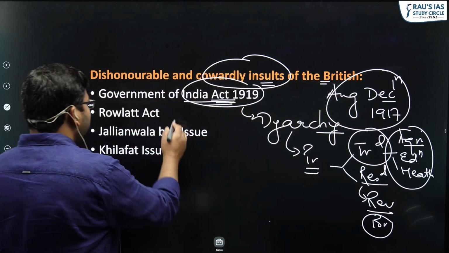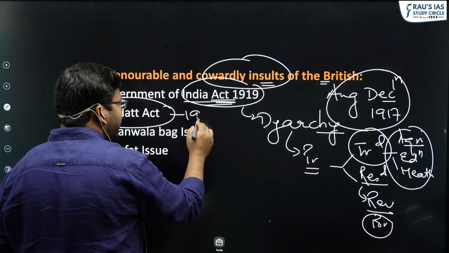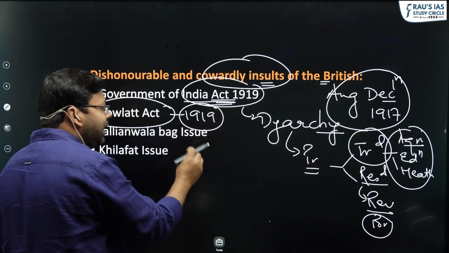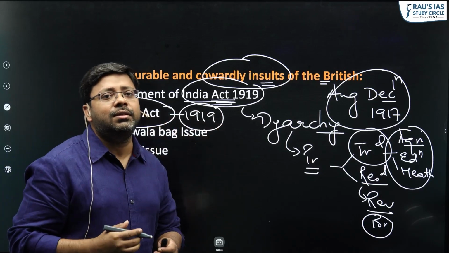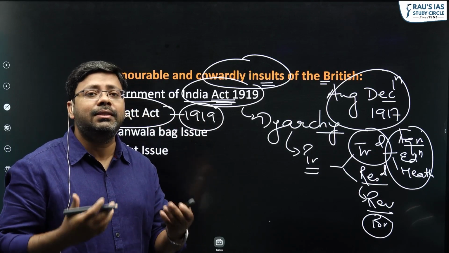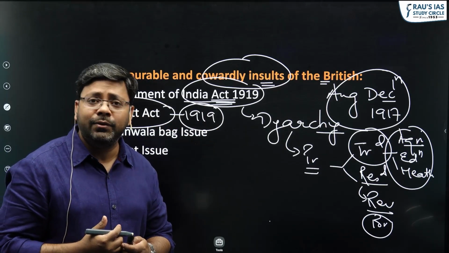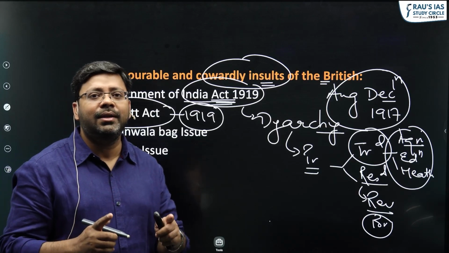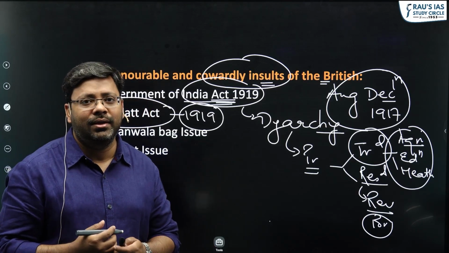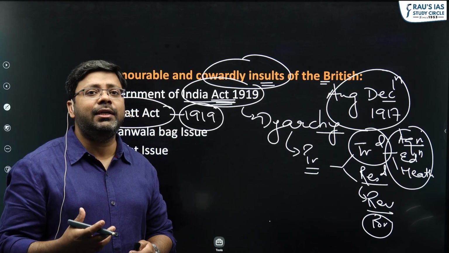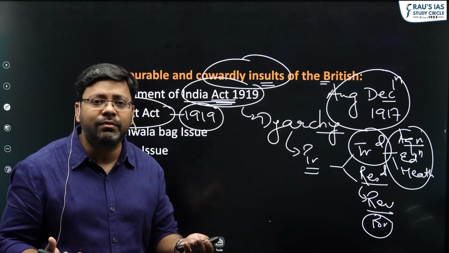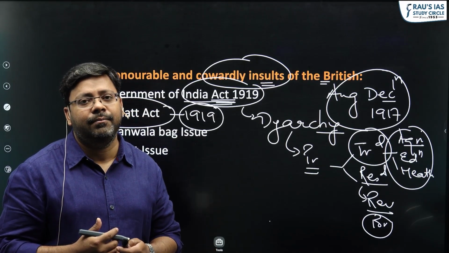Then the British also came up with the Rowlatt Act of 1919, which was clearly designed to suppress the expression of resentment against the British government. It was called the act with no appeal, no vakil, and no dalil. The British government got the authority to imprison anyone without any conviction and without any trial.